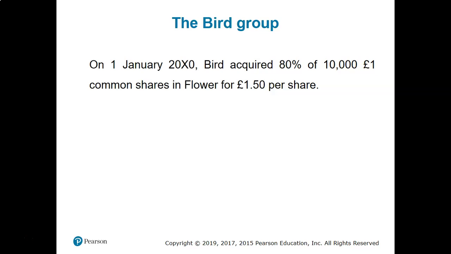If this is the case, what will happen? Bird purchased 80% of 10,000 shares, and the per share value is 1 but purchased at 1.5. If this is the picture, then what will our group picture and the individual companies' pictures look like?